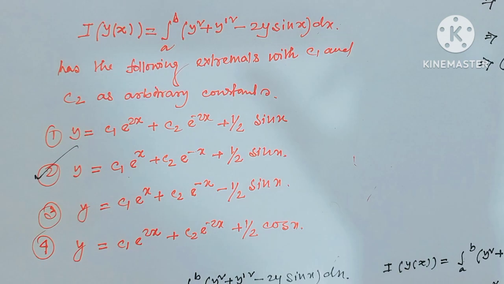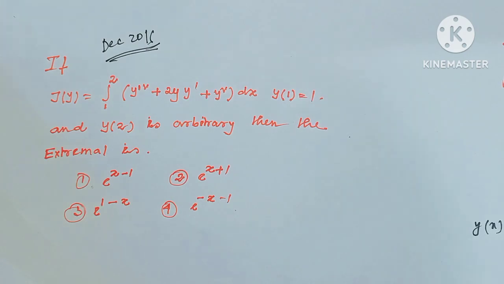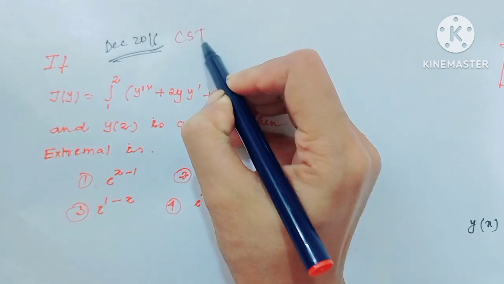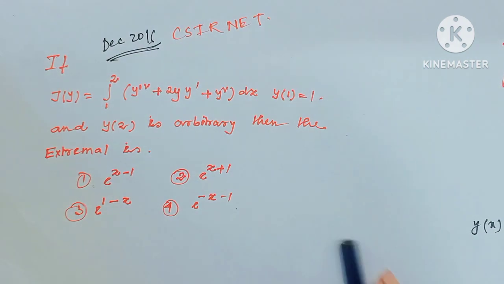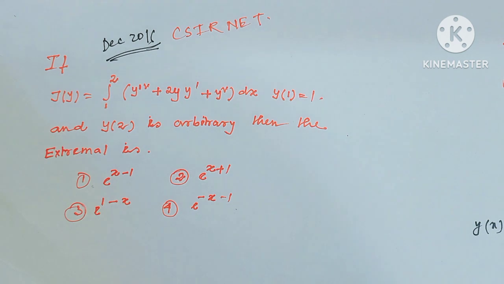Okay? Now I will see one interesting question which came in CSIR NET December 2016 exam. The question is J(y) = integral from 1 to 2 of (y'^2 + 2y y' + y^2) dx with the condition y(1) = 1 and y(2) arbitrary.